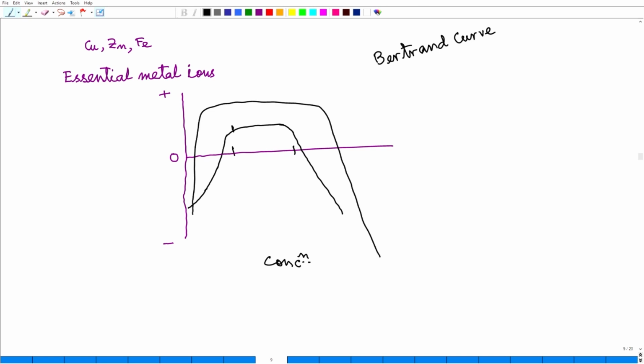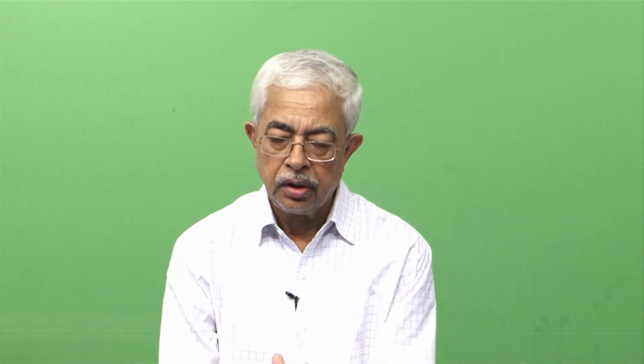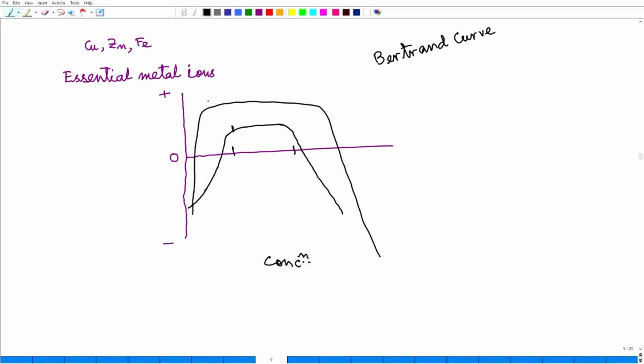I just want to emphasize that essential metal ions function properly in biology within a certain concentration window. So, for this metal, this is the concentration window. For this metal, this is the concentration window, like that.